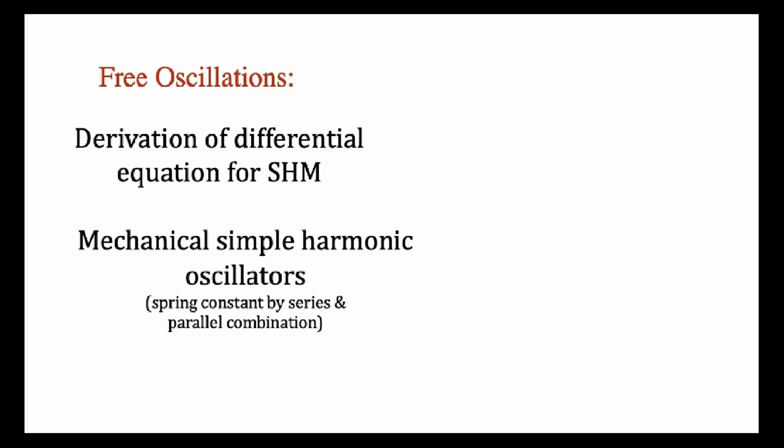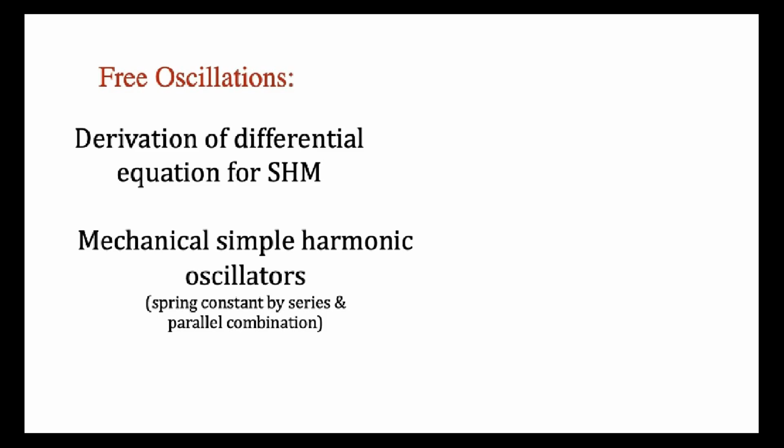If this question is asked along with the derivation of the differential equation for SHM, then you can expect it for 8 marks. After that, in the same chapter, you can expect the mechanical simple harmonic oscillator, that means the derivation for springs in series and springs in parallel combination. This concept may get an 8 marks question.